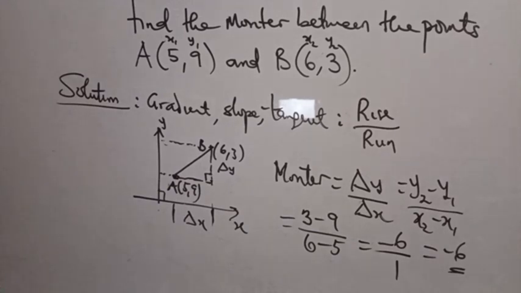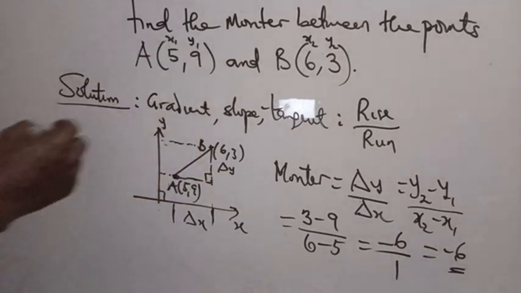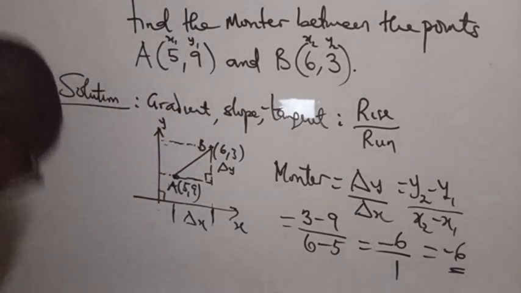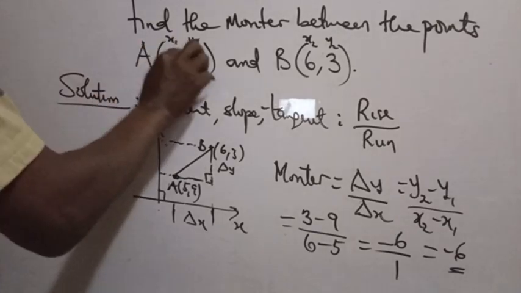Now, let me give us an assignment which I want you to solve, and write your answer in the comment section. So now find the Monter. Let me write the assignment question here.